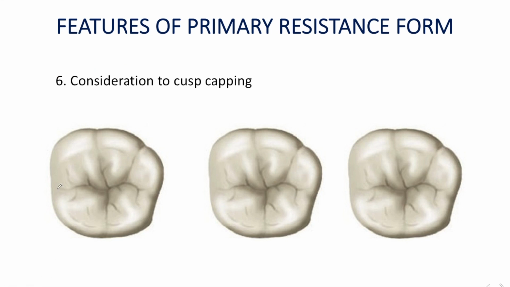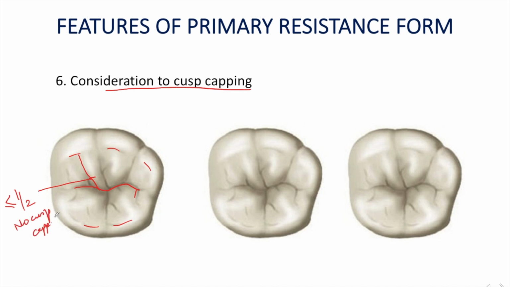The next feature in resistance form is consideration of cusp capping. Now what does it mean? Let's say this is a tooth, this is the central groove and this is the cusp tip of that tooth. If the extension from the primary groove to the cusp tip is no more than half the distance, then no cusp capping is indicated.